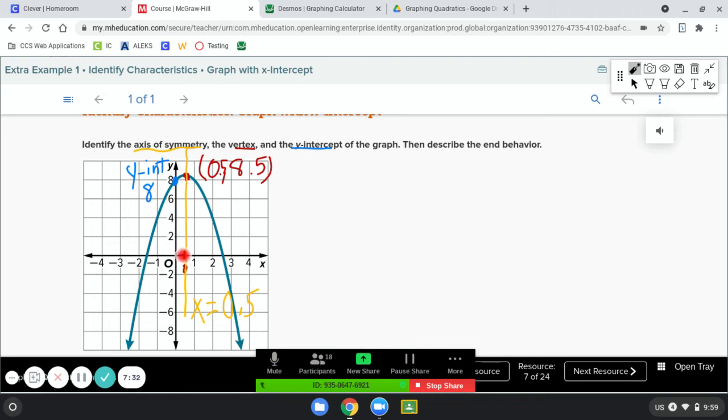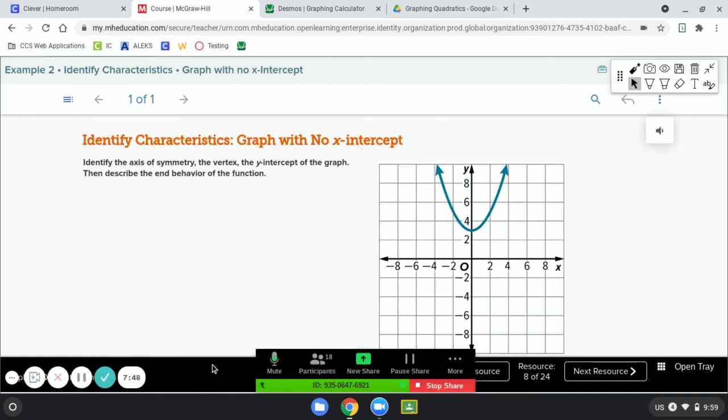And as I move to the left of the axis of symmetry, the graph comes down, or the y values decrease. So it's always decreasing. Even though they don't cross the x-axis in this example, it still has all the same characteristics of the previous two that do cross the x-axis.